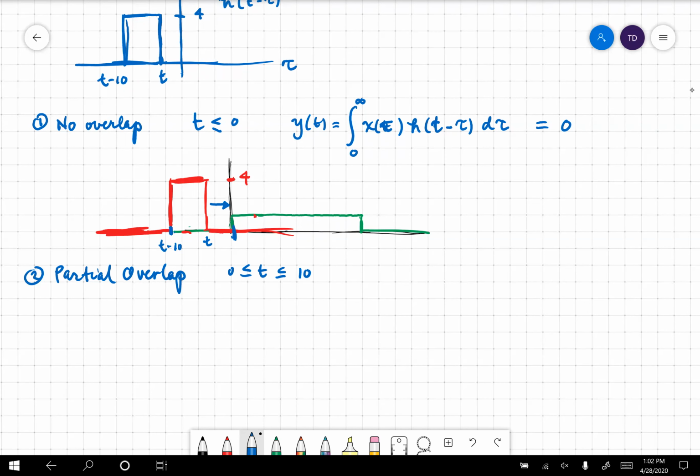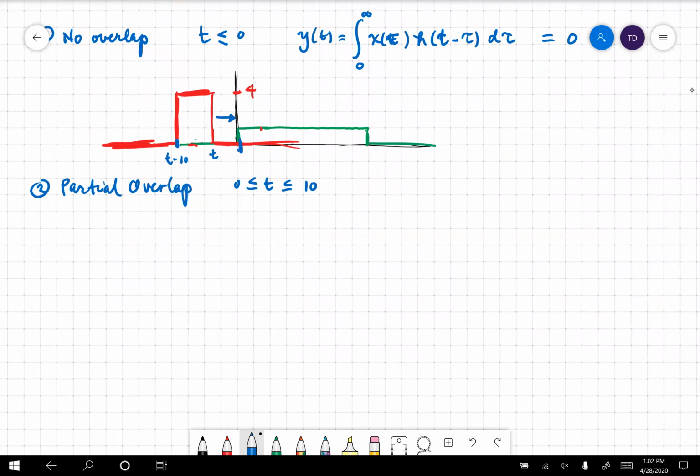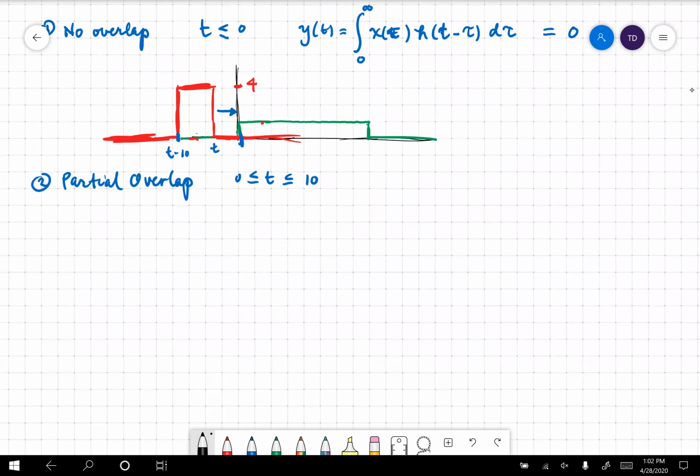So typical picture, we'll draw a typical picture. So this is, and this other one is something like this. Red.